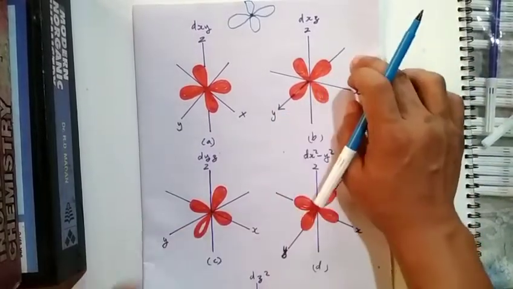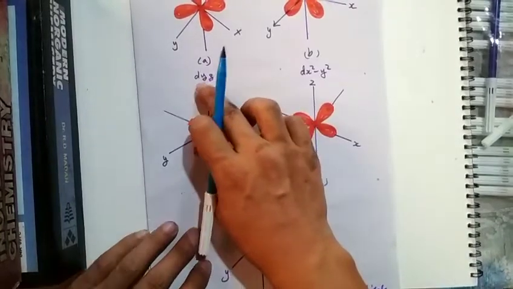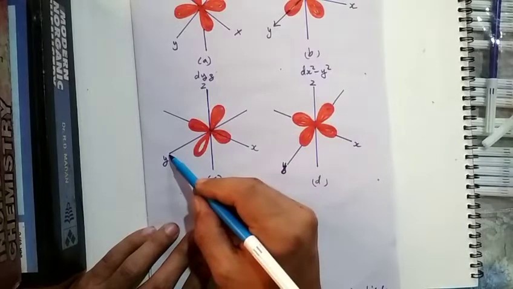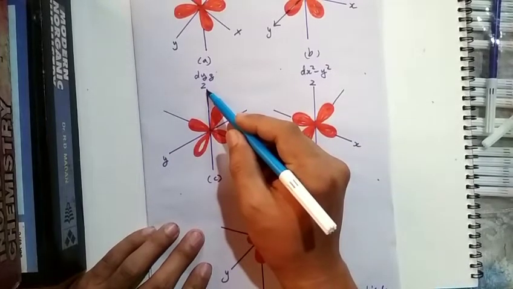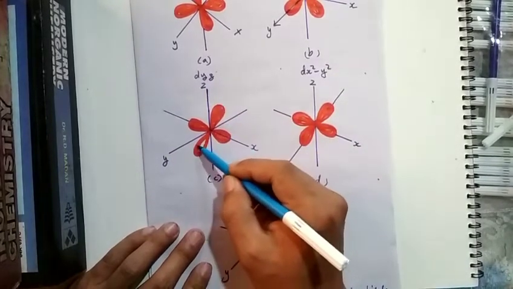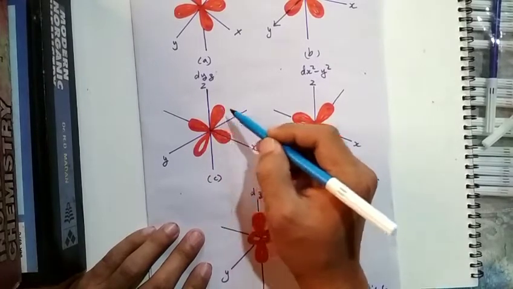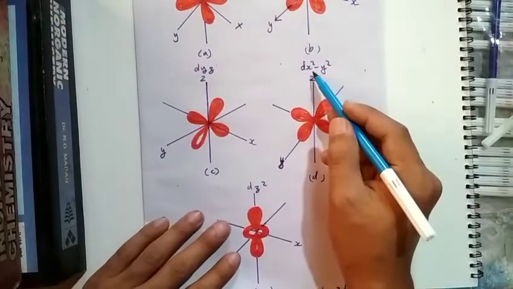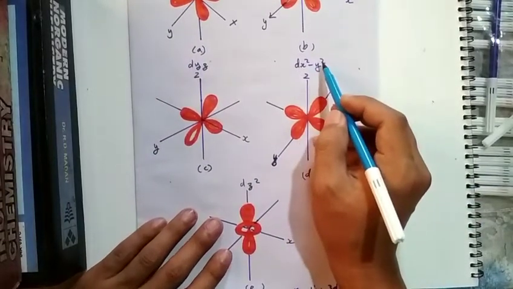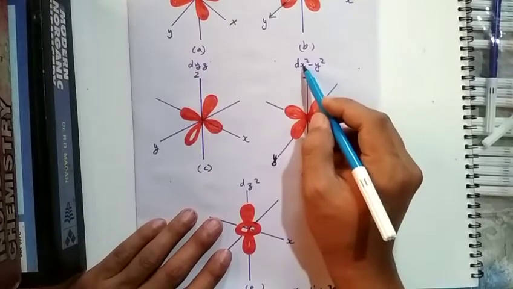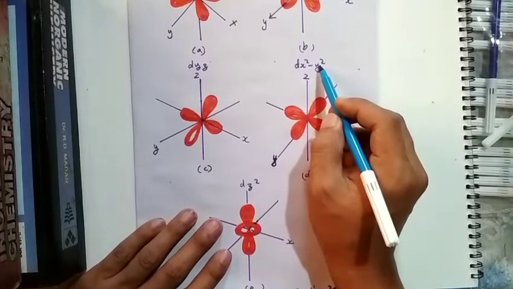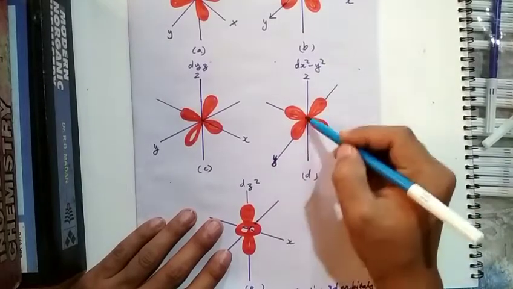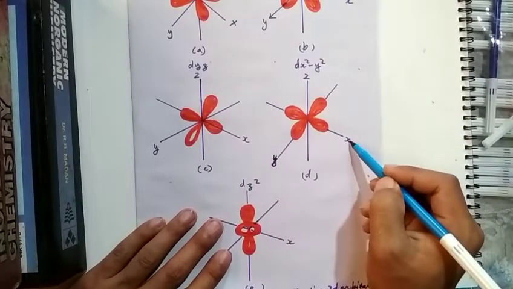For dyz, in between y and z and along the x-axis. Next one, dx square minus y square. For this case, it will be along the x-axis and y-axis. That's why we are giving square.